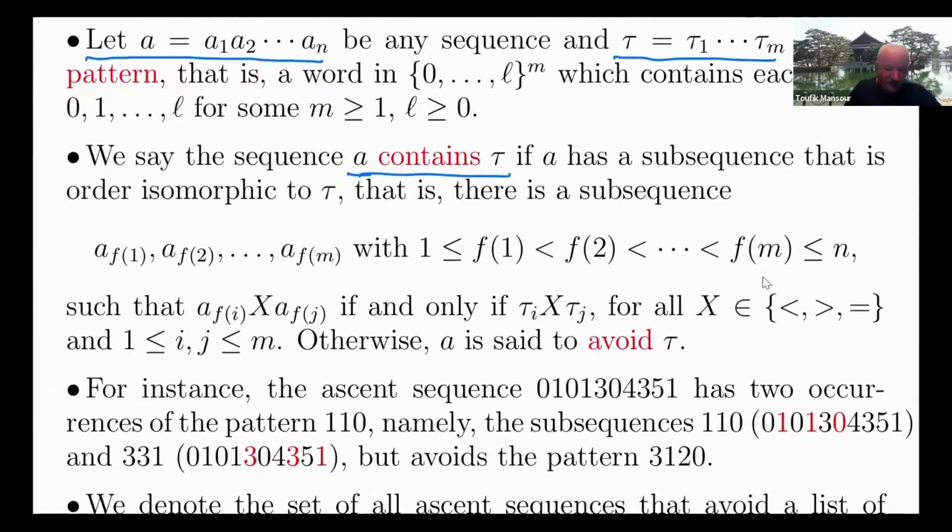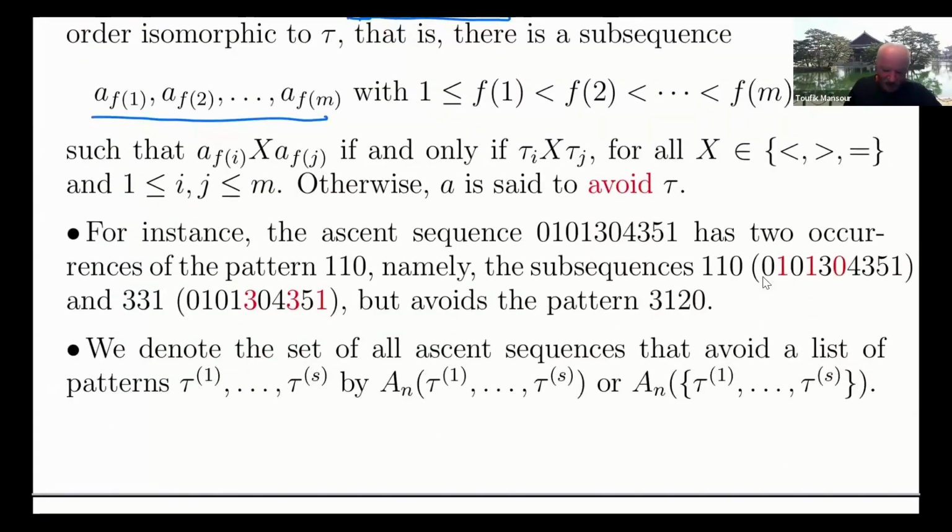That means there is a subsequence a_{f1} to a_{fm} of the sequence A such that any two letters a_{fi} and a_{fj} are ordered as t_i and t_j, for any relation: less, greater or equal. If there is such a subsequence, that means A contains tau. If not, I say A avoids tau.